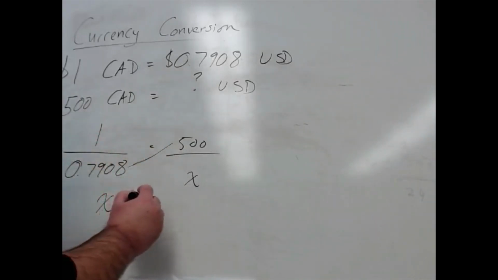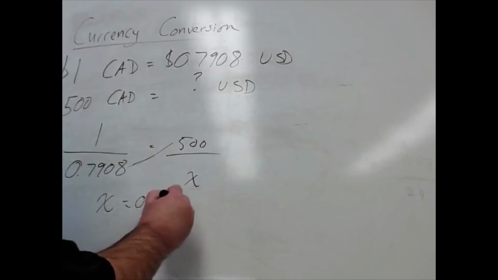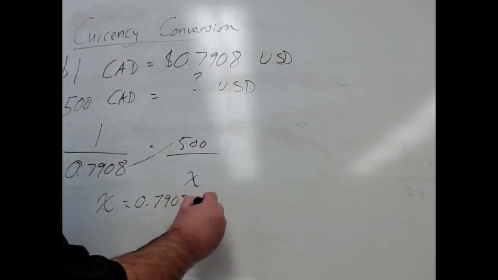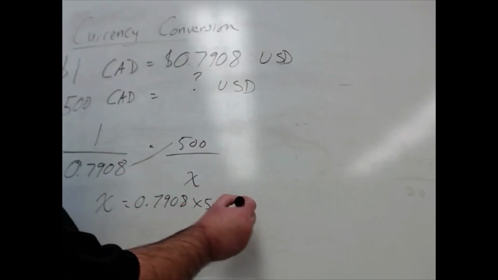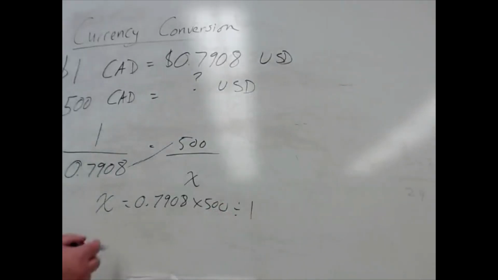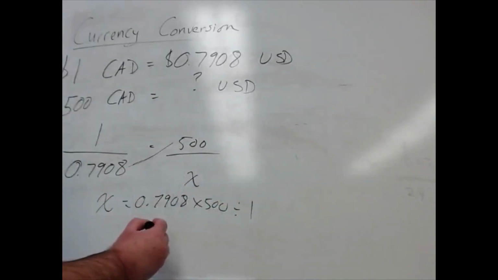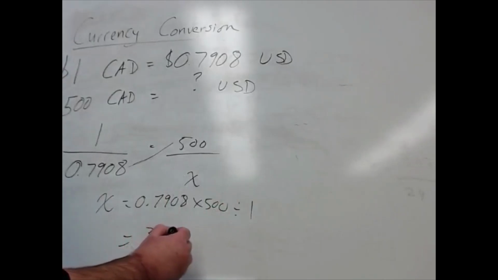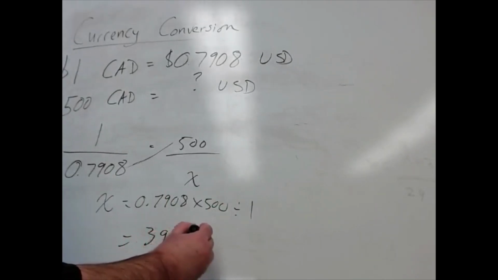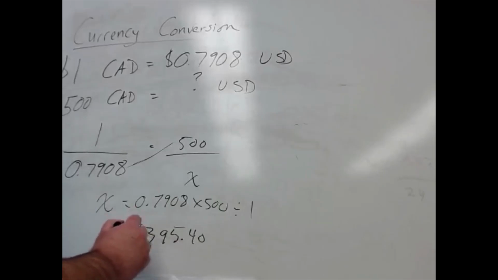So I would go with 0.7908 times 500 and divide the result by 1. When I do that, I end up with 395.40. So that tells me that $500 Canadian today are equivalent to a little bit over $395.